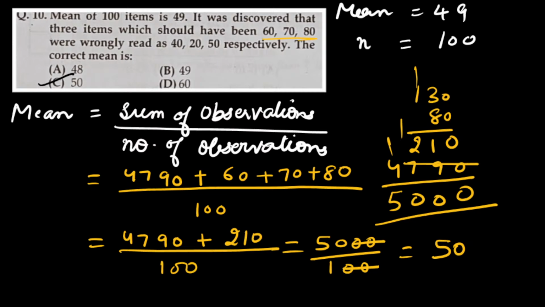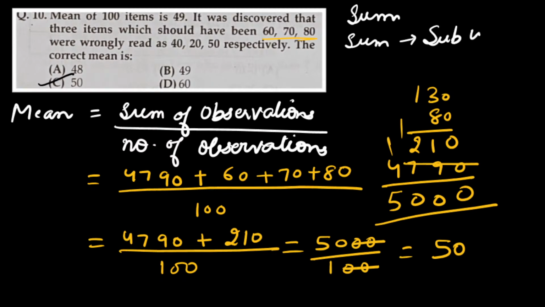So I'll explain a recap of this question, or these types of questions. First of all, find the sum using the formula. Then from the sum, subtract the wrong observations, and then in the sum you add the correct ones.